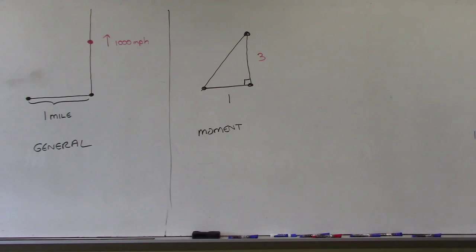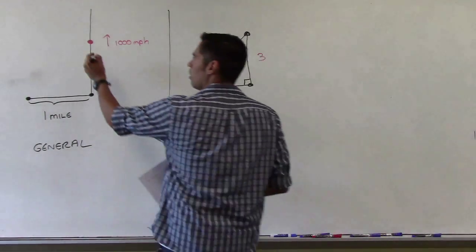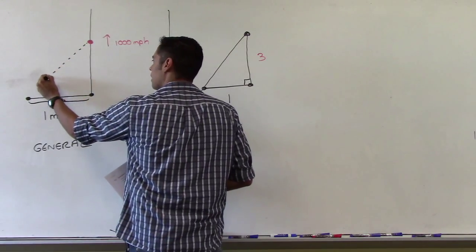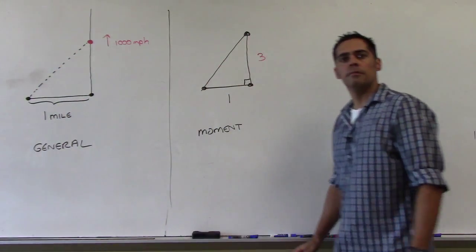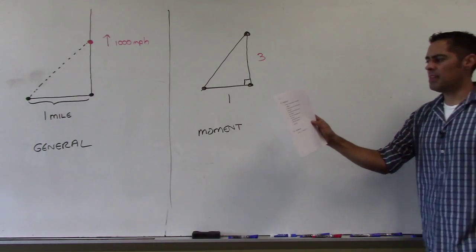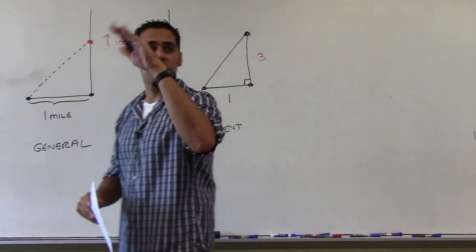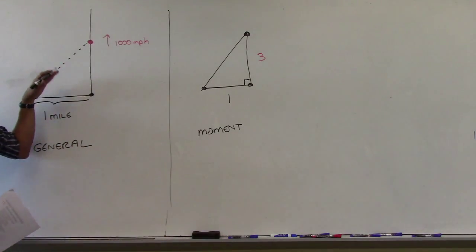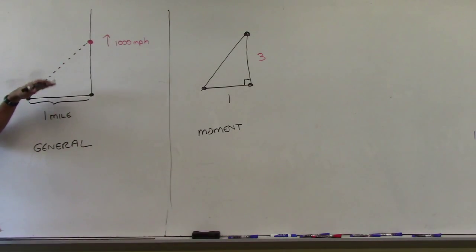So now I'll draw a line connecting, I'll make it dotted, connecting my observer. We want to know how fast the observer's angle of inclination is changing. That's this angle right here. We want to know how fast that's changing. Agreed? Let's call it theta.